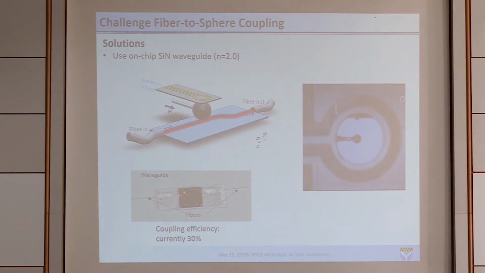So a smarter way to do it is to use nano devices. You make a nanoscale silicon nitride waveguide, really nice, with an index of 2.0. You glue it up to a fiber, and have very low insertion loss over here. Now you approach your sphere on top of this waveguide and couple to this whispering gallery optical mode.